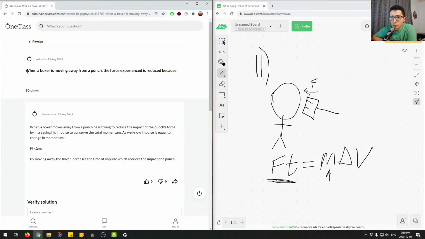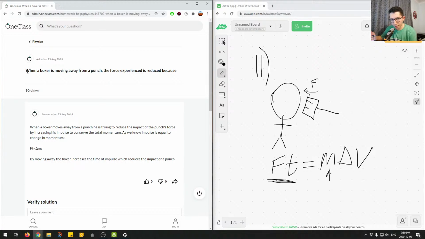When the fist makes contact, there are two variables that determine the impulse: the force and the time. Those are the only two variables you can manipulate to get the same impulse but increase or decrease the force. So here the boxer is increasing the duration of the punch.